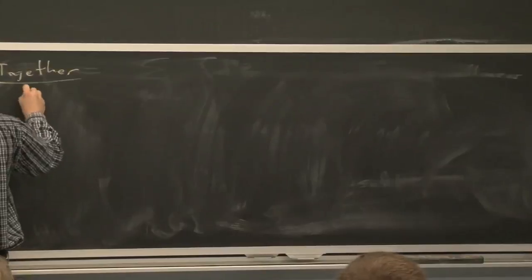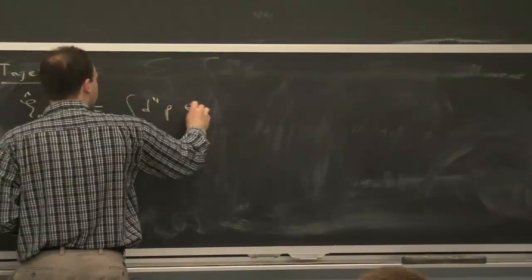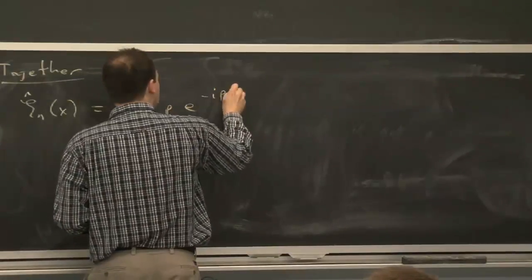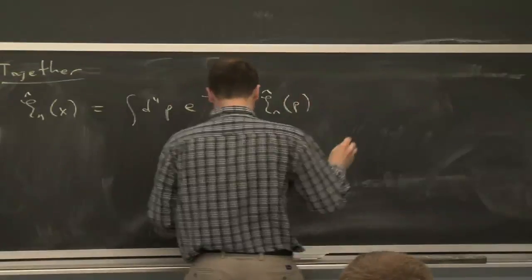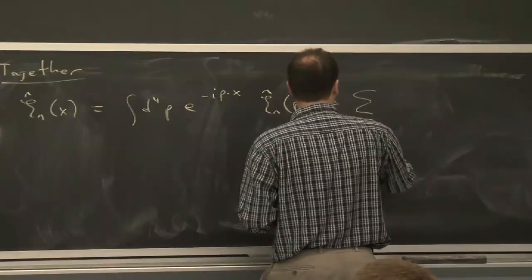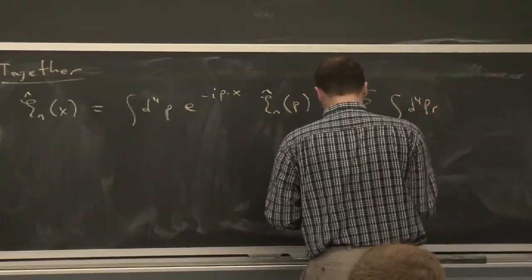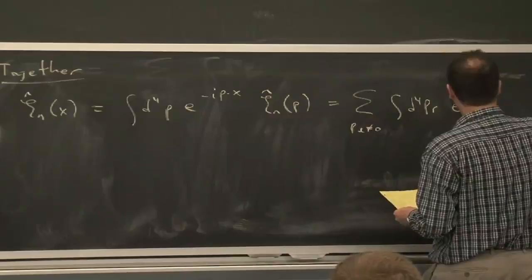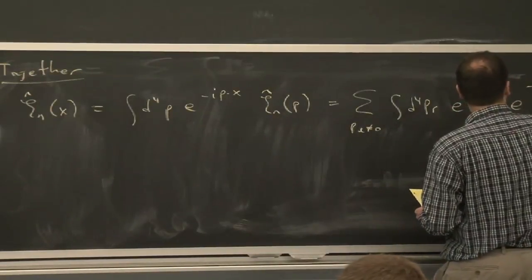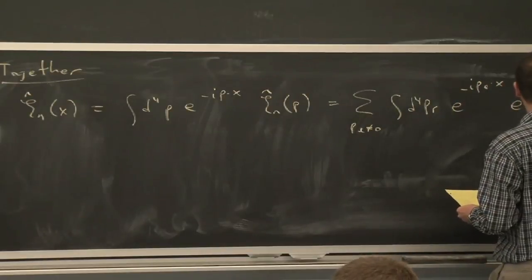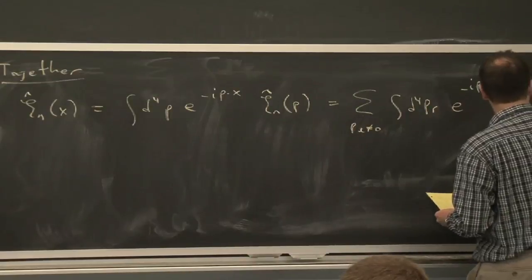So Cn hat of x is the full Fourier transform of this Cn twiddle. And that can be split for a linear guy. We can split the measure, and we can split the phase, and we can write the field in this way.